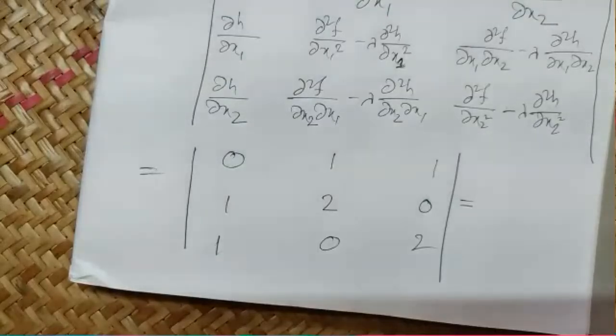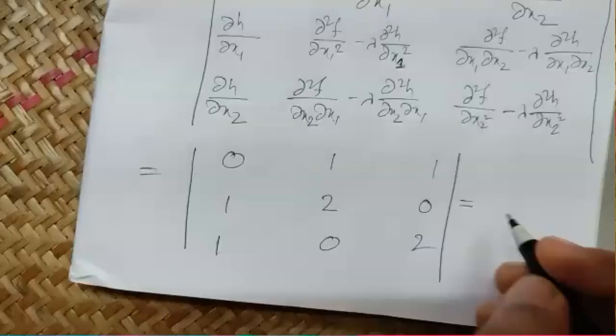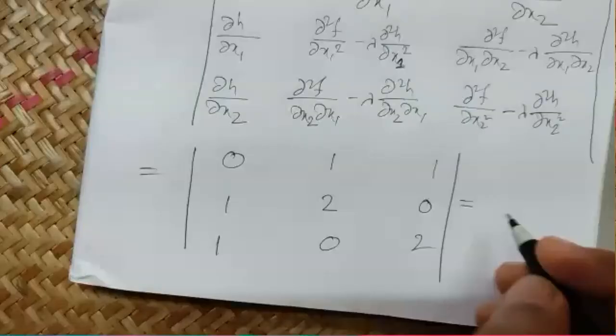This gives -4, isn't it? So D3 gives you -4, which is a negative. Now we have to check for D4.